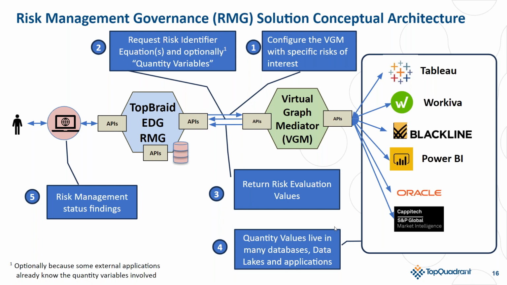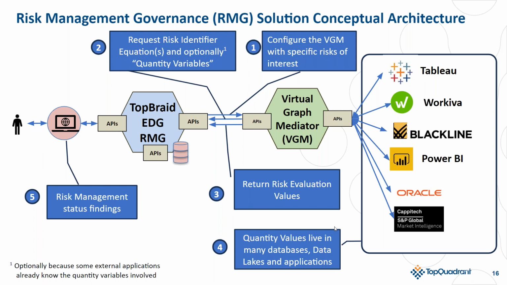And so what happens, and this is what Ralph was showing in terms of the numbering of high, medium, low, is we're actually pulling the data from those particular applications and we return that evaluation. As mentioned, those quantity values live in many different databases, data lakes, applications, etc.